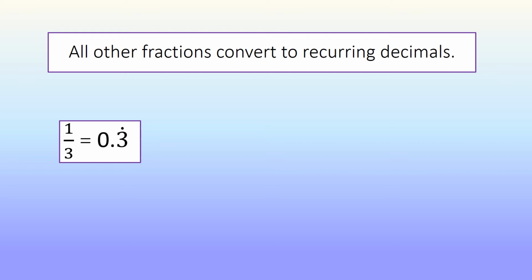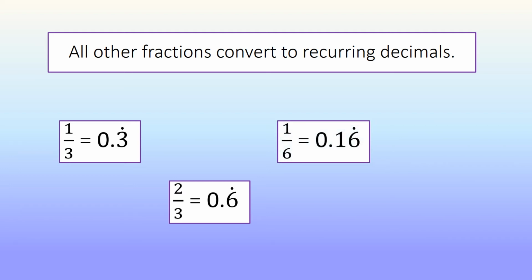So 3 has not got prime factors of 2 or 5, so it's a recurring decimal, 0.3 recurring. 2/3, same denominator, 0.6 recurring. And a 6th, the prime factors of 6 would be 2 and 3. So because of the 3 there, it means that this is going to be a recurring decimal. And 1/11th, also a recurring decimal.